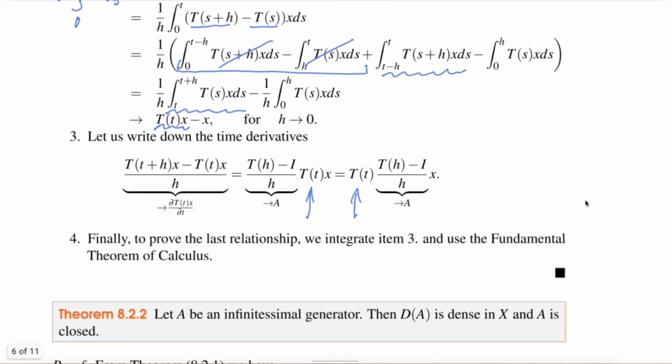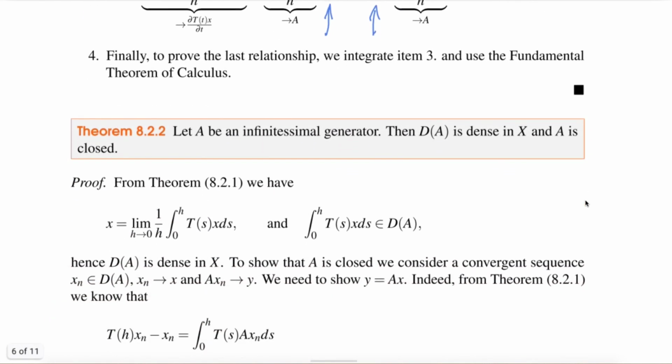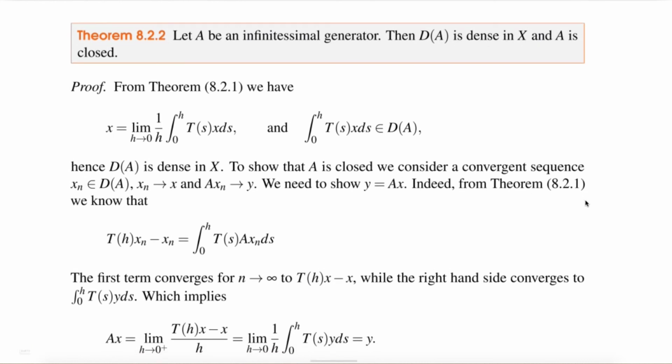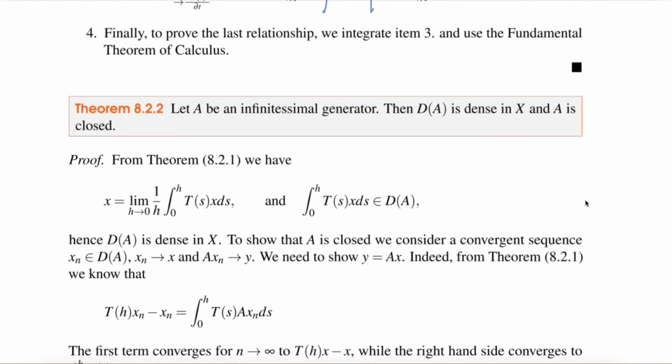Then there's one more result which I like to cover right now, and this is theorem 8.2.2. So if we have an infinitesimal generator, then the domain is dense and the operator is closed. And this is actually a very important result in applications, because often we have the opposite situation.